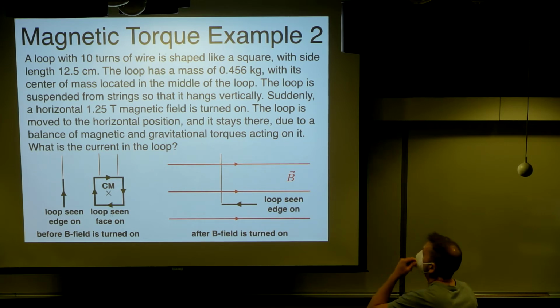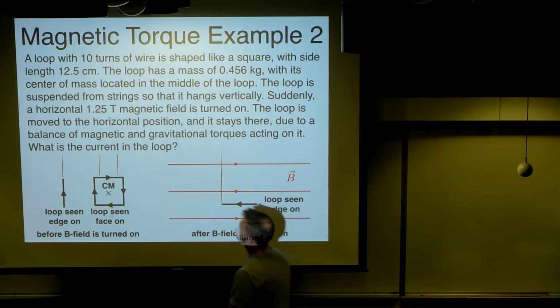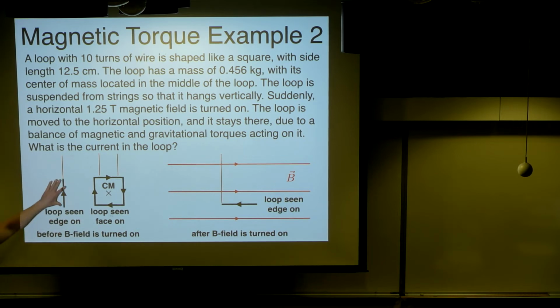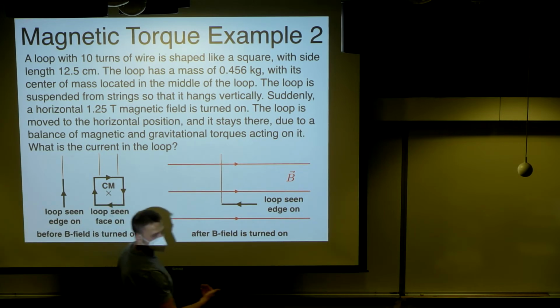We're going to take this loop and suspend it from strings so that it can hang horizontally like this. But suddenly, we turn on a magnetic field. In this case, we imagine the magnetic field is going to the right in this picture where we see the loop edge on. Because of this magnetic field, the loop starts to experience a torque.